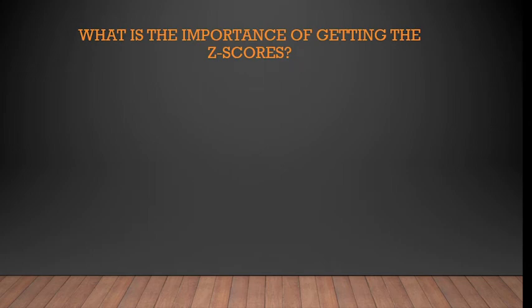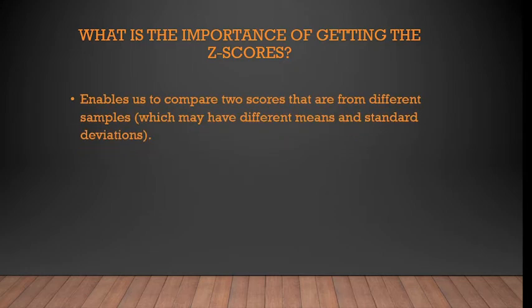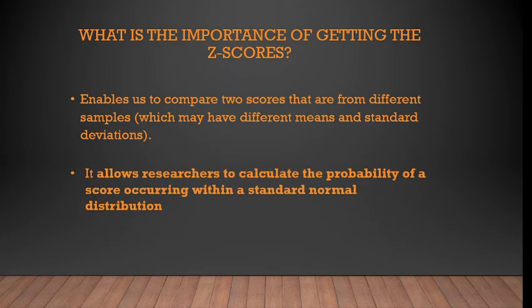So what is the importance of getting the z-score value? The importance of getting the z-score value is that it enables us to compare two scores from different samples, which may have different means and standard deviations. If we use z-scores, it is easier to compare with other values and see what their relation or difference is, which one is higher. It is much better to use z-scores because otherwise it depends on the data set whether it can be compared.